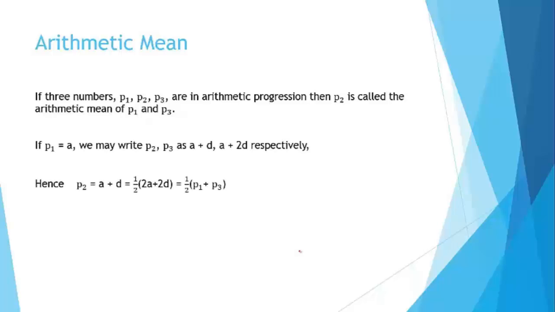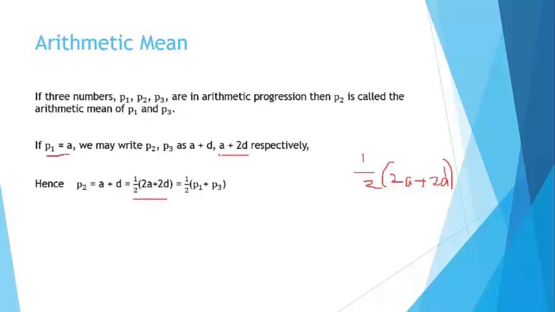So if p1 equals a, we may write p2, p3 as a plus d, a plus 2d respectively. And p2 equals a plus d. So a plus d can also be written as half of 2a plus 2d, which is the same as a plus d. We arrange it in such a way, and 2a plus 2d equals p1 plus p3, because p1 equals a and p3 equals a plus 2d.